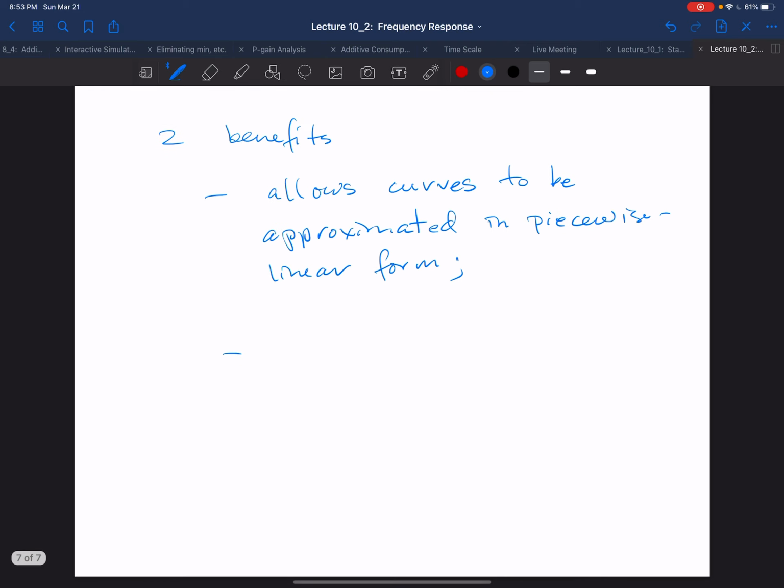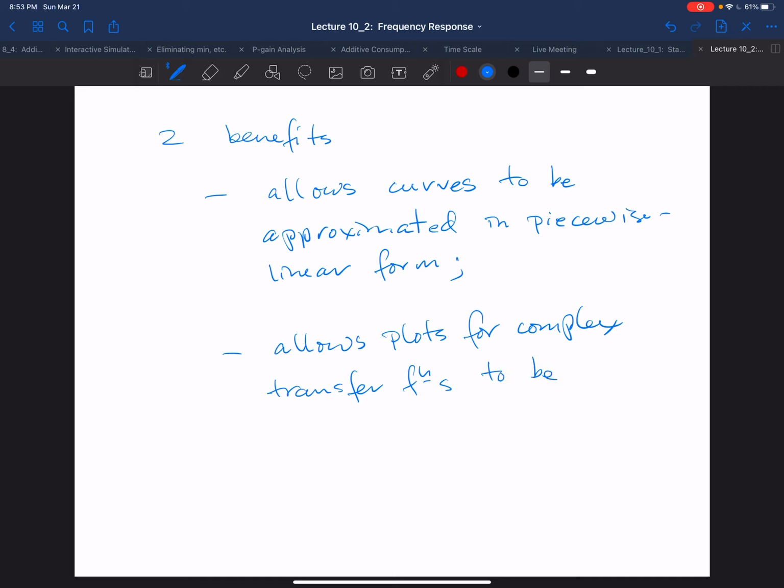And secondly, this approach will allow plots for complex transfer functions to be obtained simply by summing the respective components of the Bode plot for simpler factors.